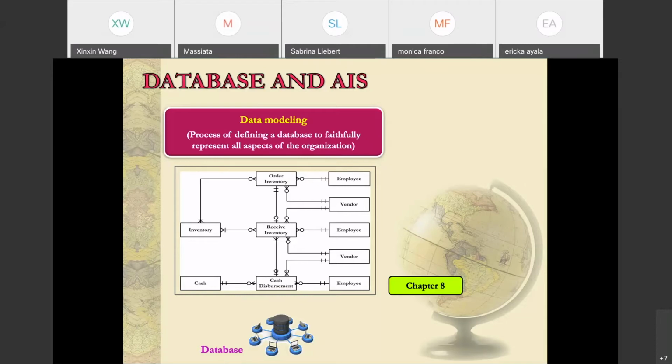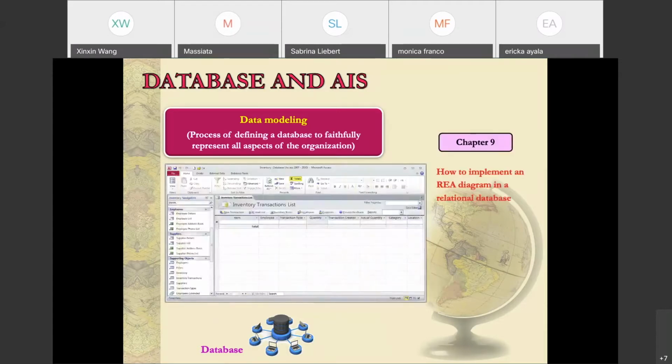So all this logical design of the database system is serving the physical design of the database system, right? So how to implement, so in chapter 9, we're gonna talk about how to implement an REA diagram in a relational database.